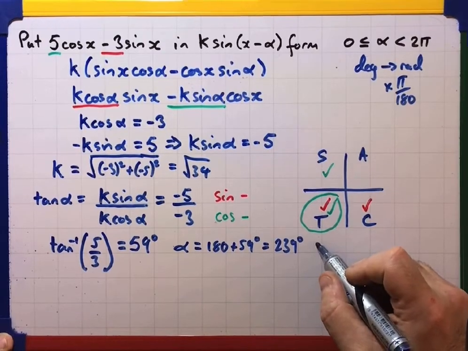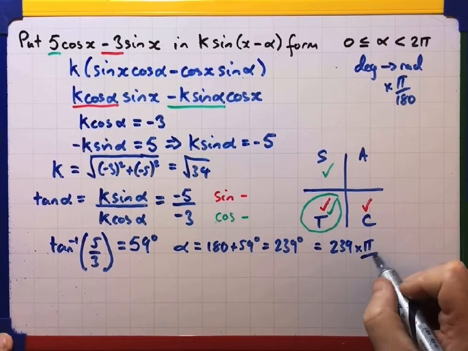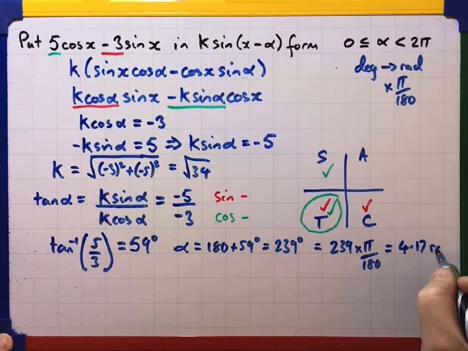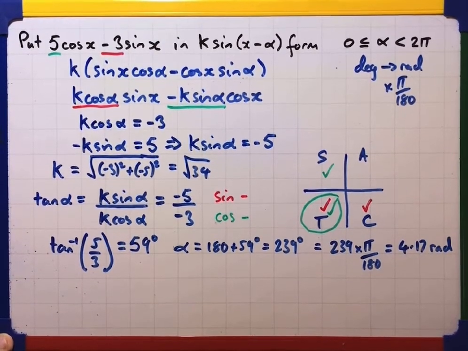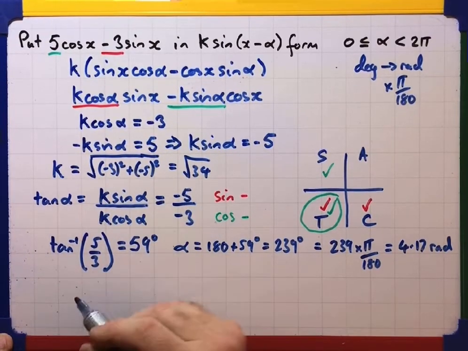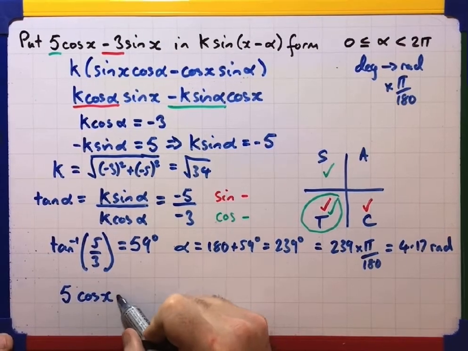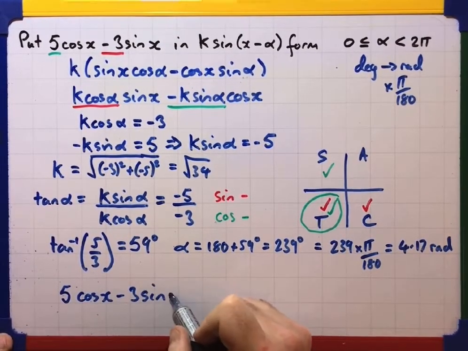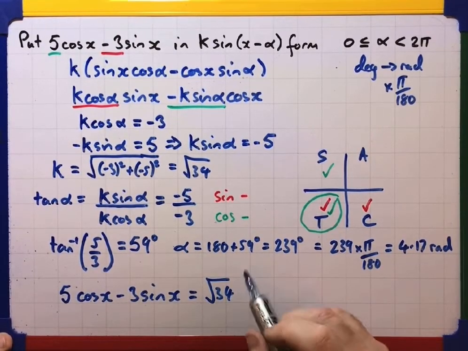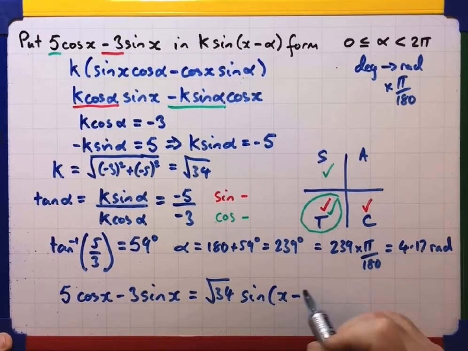So, which is equal to 239 times pi over 180. If I work that out, it gives me 4.17 radians, which is what I was after, because it's 2 pi up there. So let's write it out again. You've got 5 cos x minus 3 sine x equals root of 34 times the sine of x minus 4.17 radians.